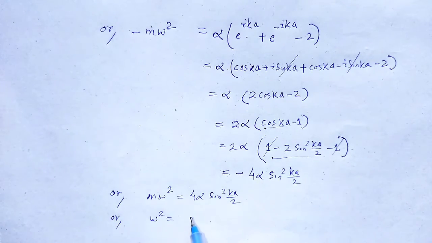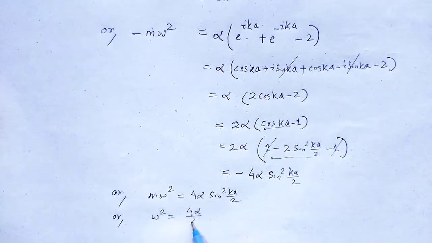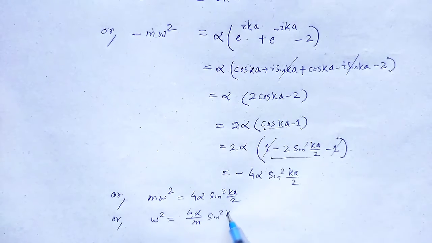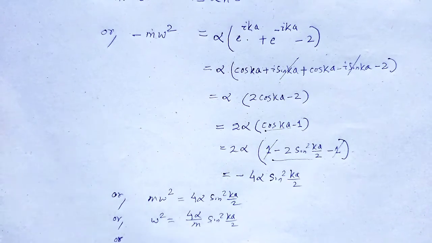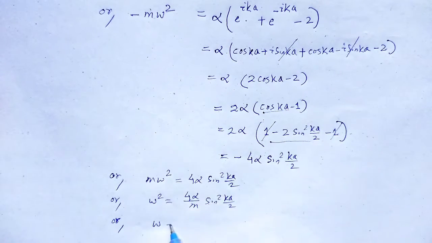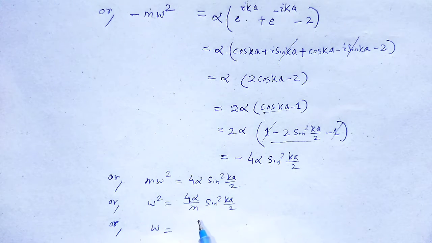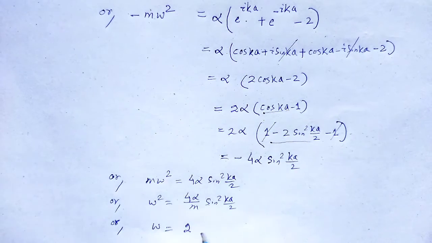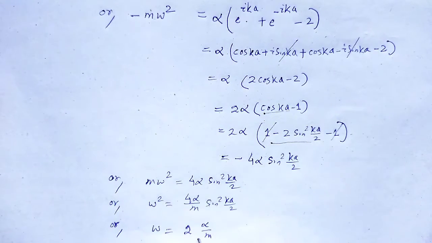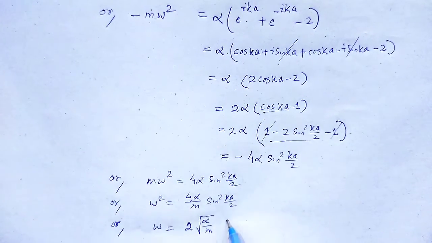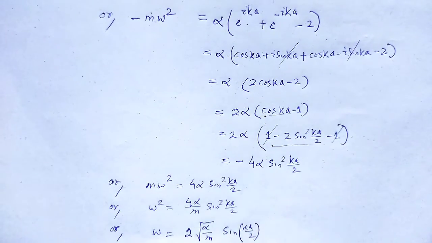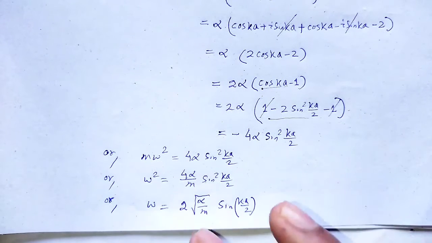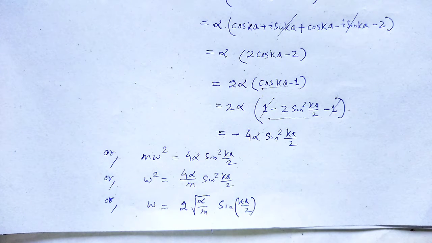or omega square is equal to 4 alpha by m sin square (ka by 2), or omega is equal to, under root, 2 alpha by m sin (ka by 2). Omega is equal to that much.